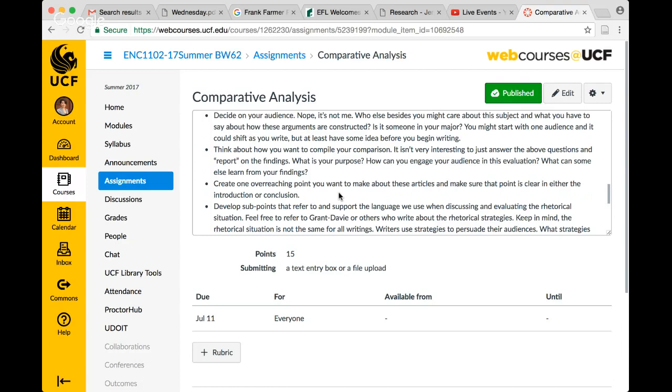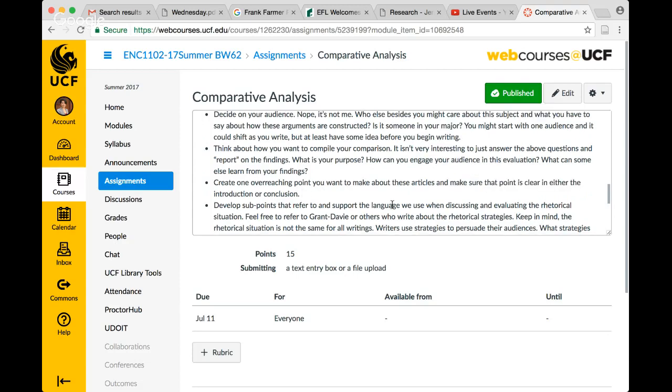Providing support: point to something that they're using, and then your explanation of that, right? Here's how this functions to appeal to someone's emotion. So you want to create one overarching theme, right? This is basically a thesis statement: here's how this article effectively does what it wants to do, effectively reaches its audience.